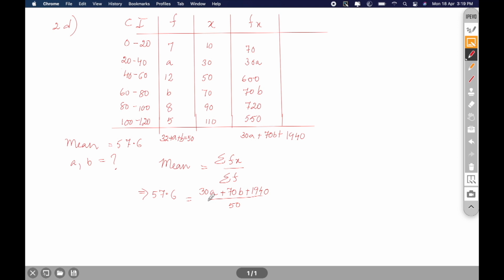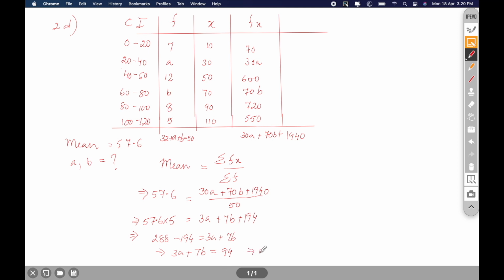If we cancel 10 from the numerator and denominator, we have 57.6 into 5 equals 3A plus 7B plus 194. So this gives finally 288 minus 194 equals 3a plus 7b. This implies 3a plus 7b equals 94.